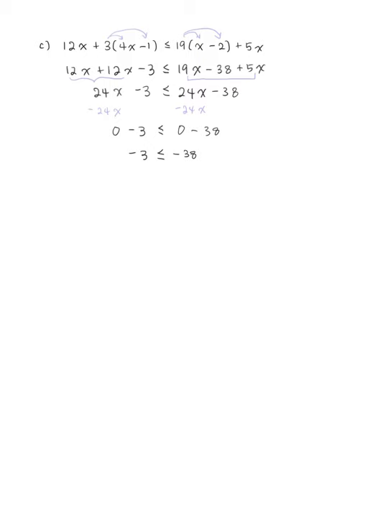If it's a false statement, that implies that our answer is going to be no solutions. And if this gives us a true statement, our answer is going to be all real numbers. I will explain why in a minute.